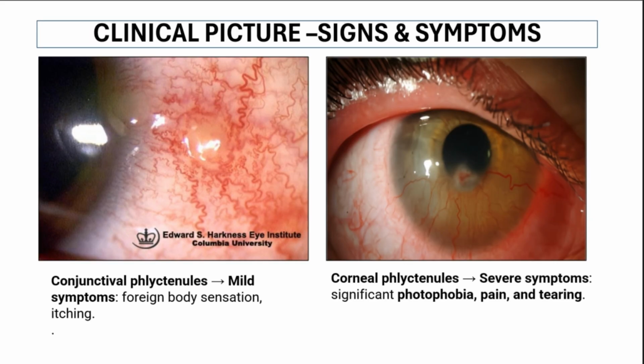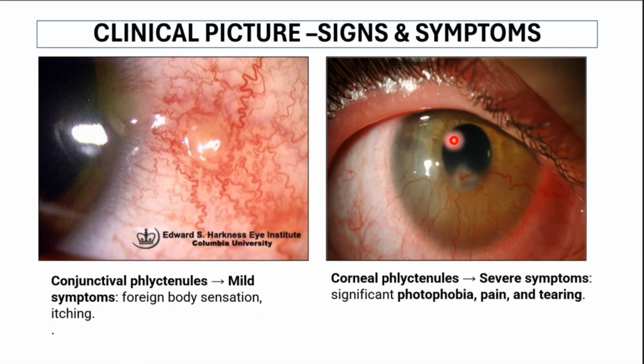Alright, let's talk about the clinical picture of both these conditions. So in this we'll be discussing the signs and the symptoms. So you can find these nodular structures in the conjunctiva or in the cornea. If you find them in the conjunctiva, it is known as conjunctival phlyctenules, and these basically result in mild symptoms. For example, the patient can have foreign body sensation or itching.